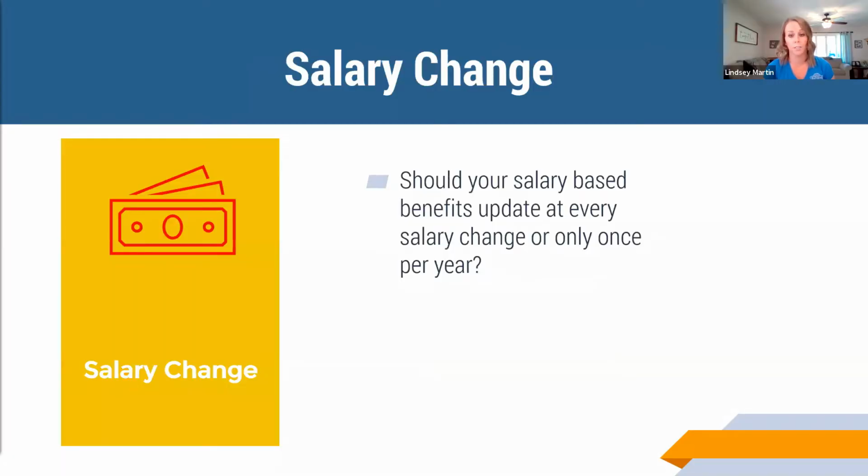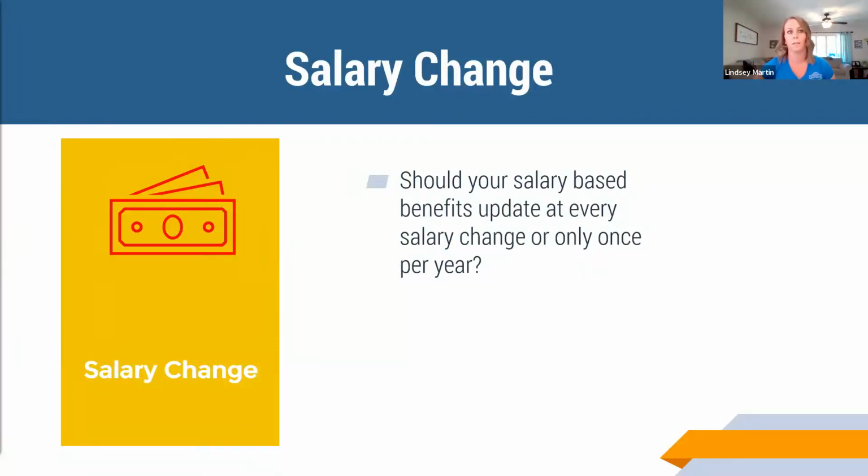For salary change, this one's really important to know because it could be different on each different benefit that you have. We see this mostly impacted on disability plans. If your employees have a salary change mid-year, does the contract show that they should now have their benefit amount adjusted, or does that only happen on January 1st of each year?